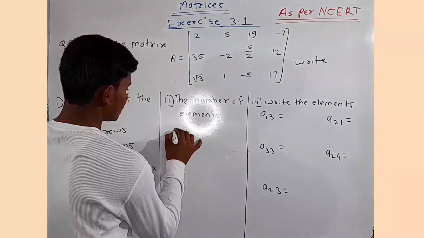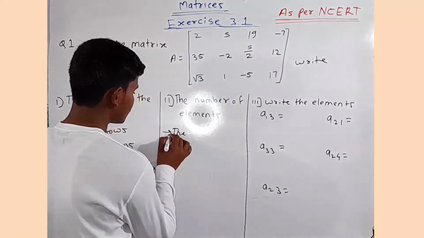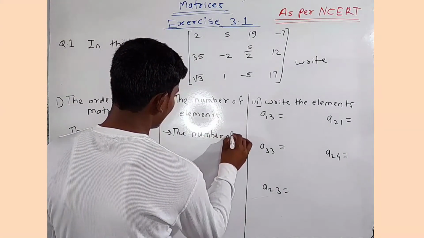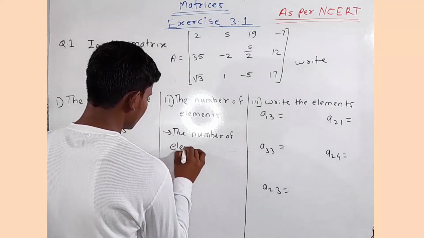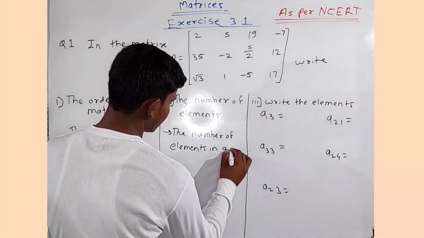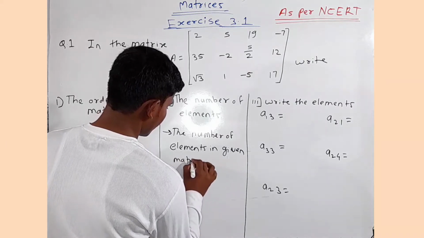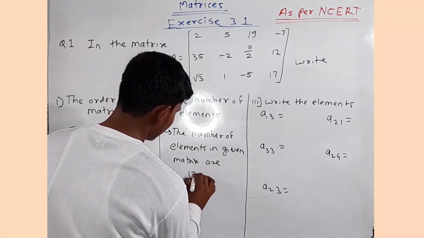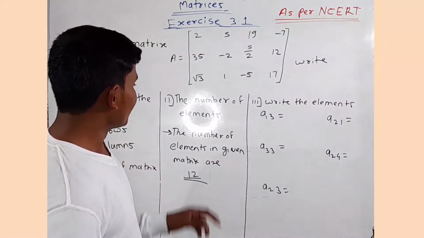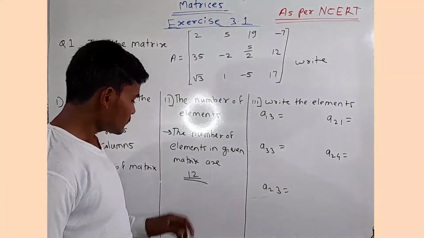Therefore, the number of elements in the given matrix is 12.